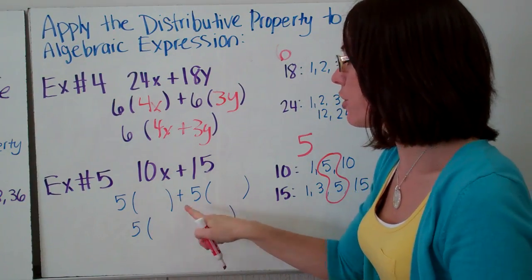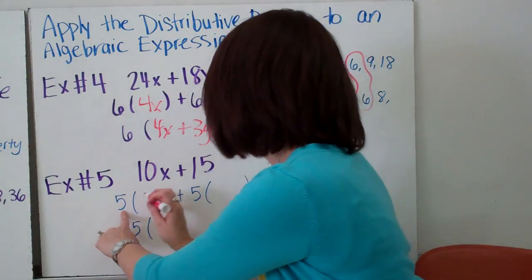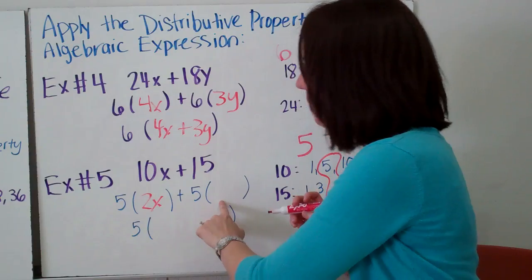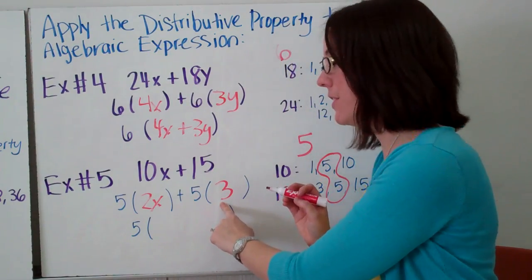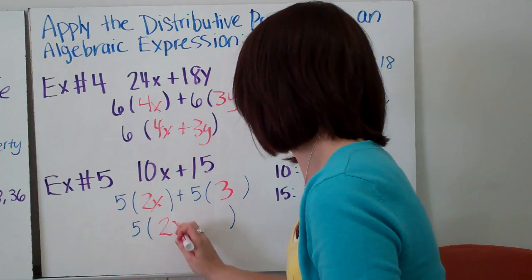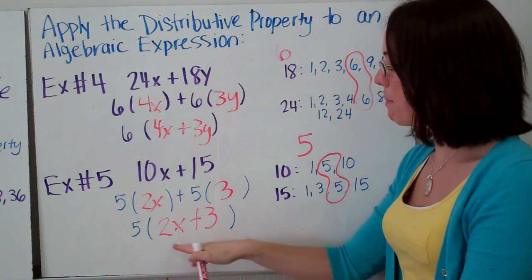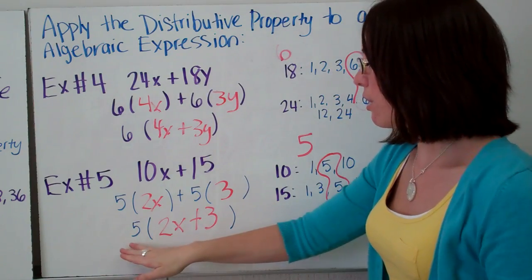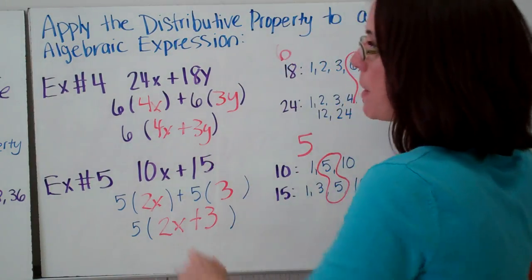So we're going to factor out a 5. 5 times what gives me 10x? 5 times 2x gives me 10x. 5 times what gives me 15? We know that 5 times 3 is 15. Bring down your parentheses, 2x plus 3. We're going to leave it like that. Remember, we can't add 2x plus 3 because they are not like terms. So 5 and 2x plus 3 are factors of this algebraic expression.